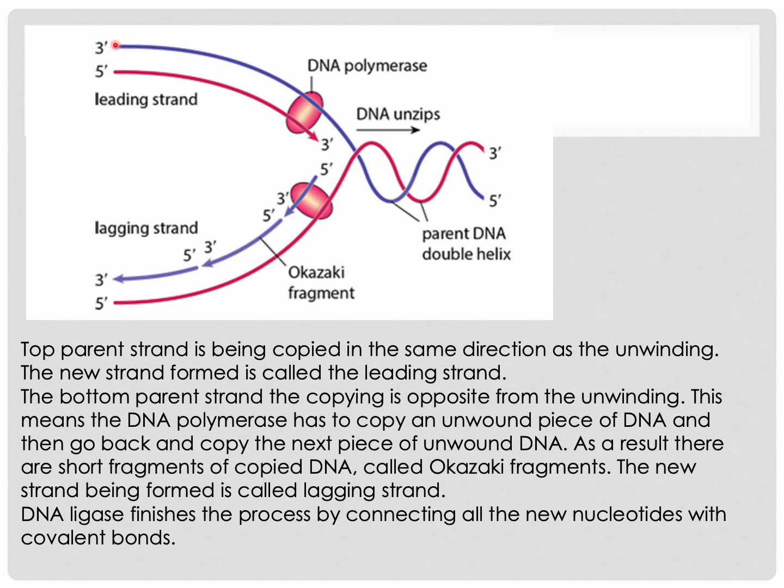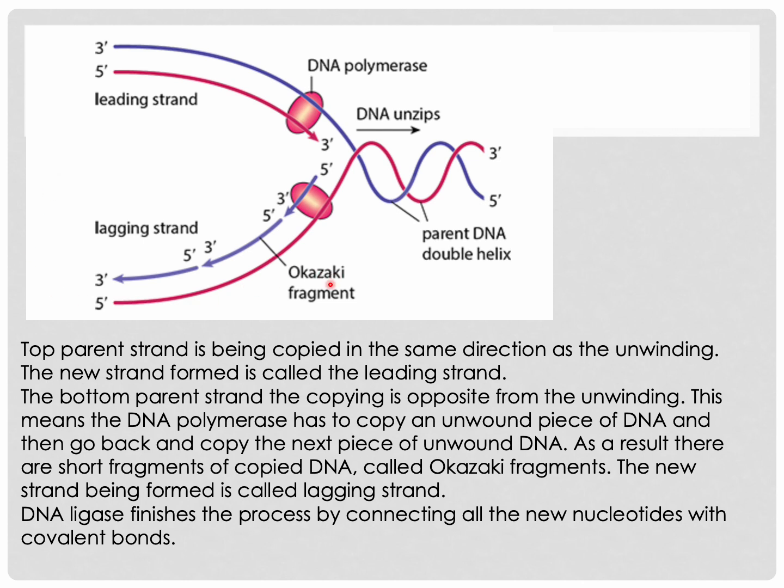Since our parent strand is going from 3' to 5', our copied strand is going to go from 5' to 3'. Remember, they're going to be anti-parallel, so if our parent is starting with 3', then our new strand, which is known as the leading strand, is going from 5' to 3'.